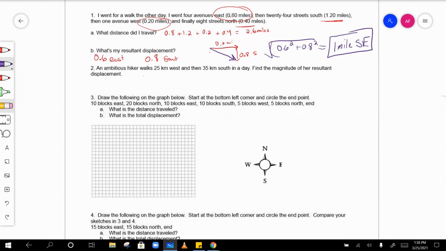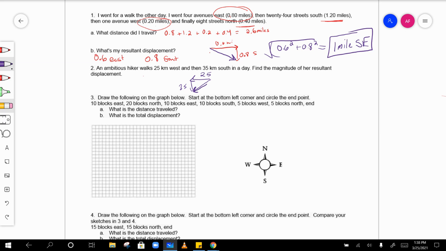Next one, an ambitious hiker walks 25 kilometers west and 35 kilometers south. Find the magnitude of her resultant displacement. So we have 25 kilometers west and 35 south. We want to find the resultant displacement.